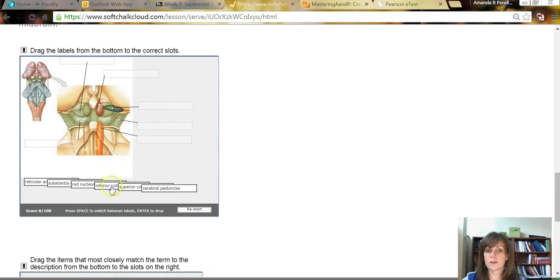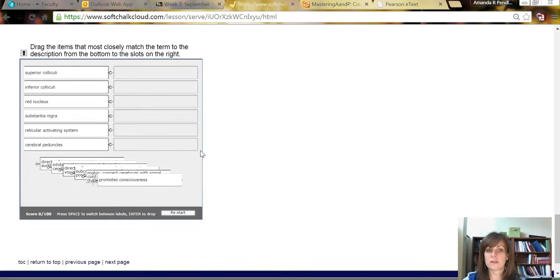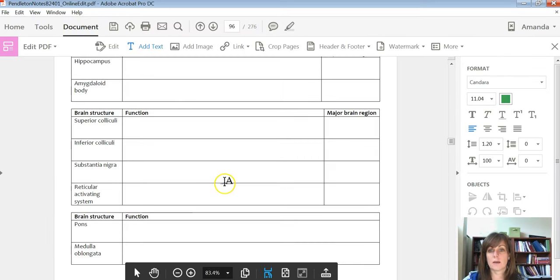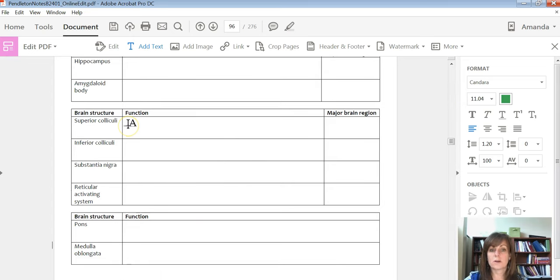So my suggestion, go through these different exercises and use those to help you learn the material for this part of the brain. Another thing that I want to point out to help you as you work through this, superior colliculi, for example, we could say controls reflexive movements in response to visual stimuli. So visual information coming in.